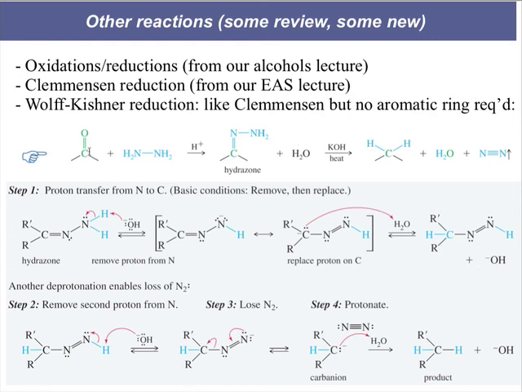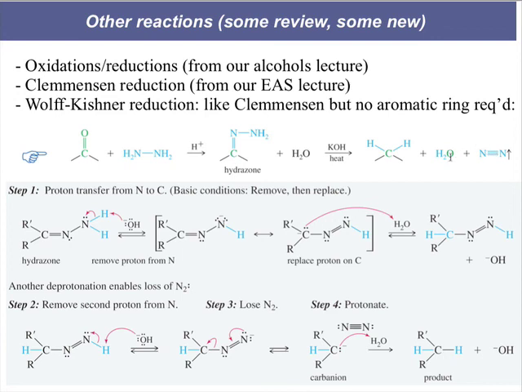First, what we can do in the Wolff-Kishner is convert the carbonyl into a hydrazone using hydrazine, NH2NH2. Then, under basic conditions, react the hydrazone with KOH, and that will displace the N bond as a N triple bond.